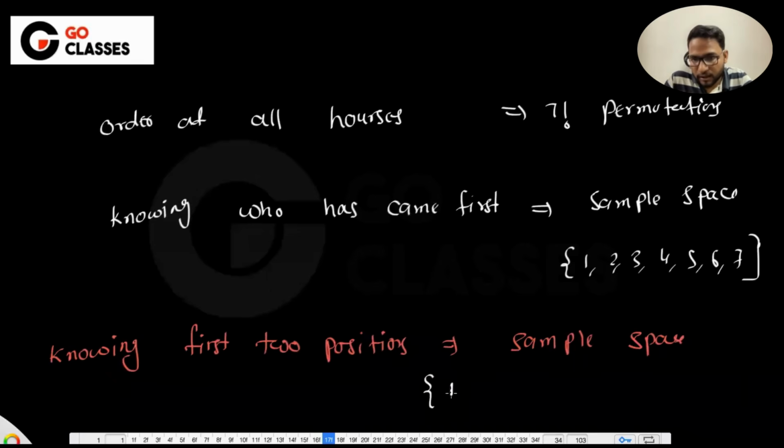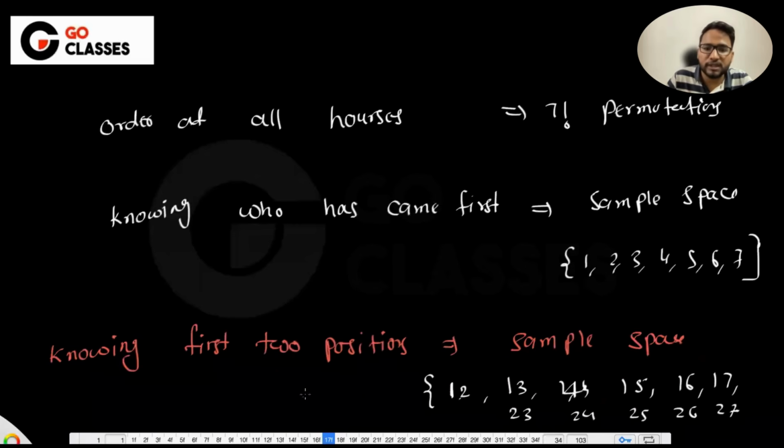At the first 2 positions, maybe 1 can appear, and then maybe 2, then 1, then 3, 1, then 4, 1, then 5, 1, 6, 1, 7, and similarly then 2, 3, 2, 4, 2, 5, 2, 6, 2, 7. So it will be 7 into 6 elements.